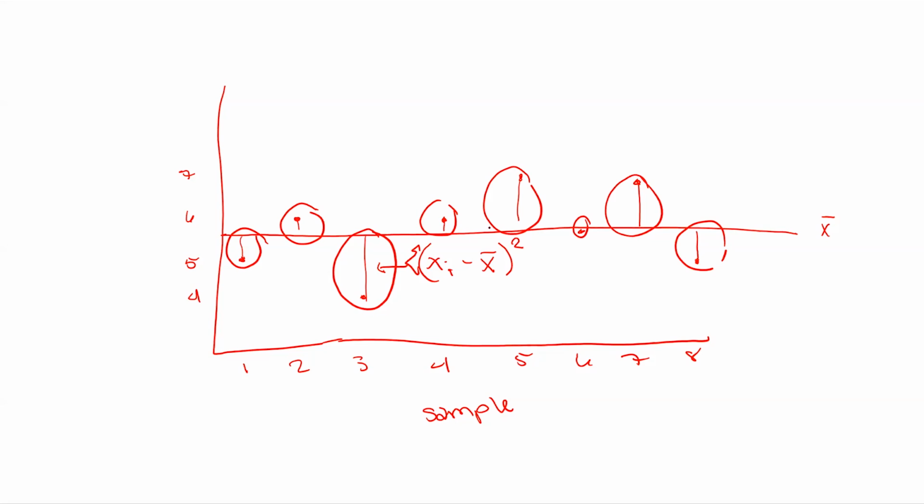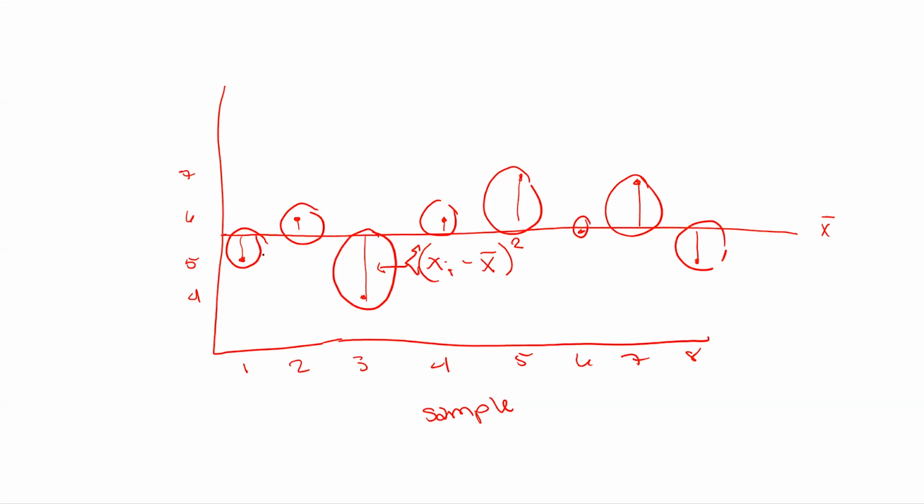The reason we square it is because otherwise, if we just summed them all together, we would get 0. Because that's the definition of a mean, right? All of these negative values would even out to 0, summing with the positive values. So to prevent us from just getting 0 as the sum, we square it so that all values are positive.